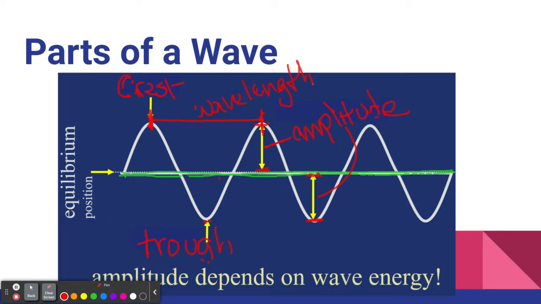Or it could be from here to here. This right here is the wavelength. So that's pretty much easy peasy, just writing out what the parts of a wave are.